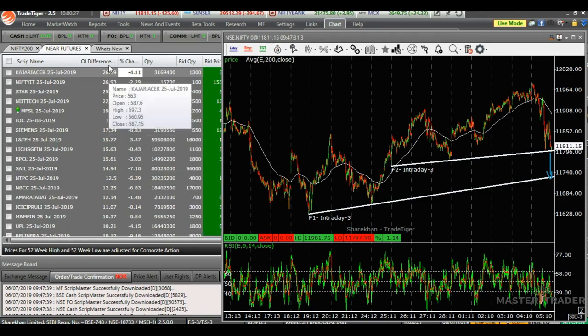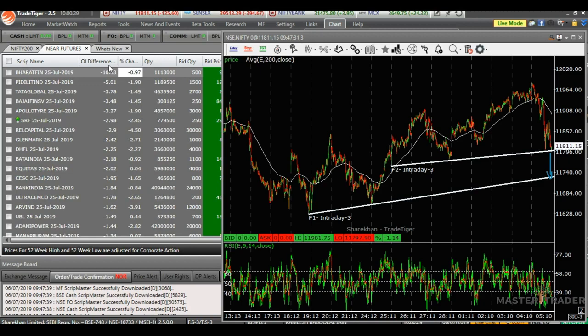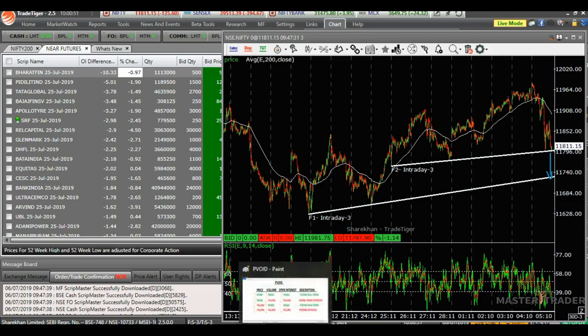Now let's look at a case of unwinding. Bharat Finance had a fall in open interest, negative 10%, and the price fell by 1%. So this may be an indication. Let's look at our chart.